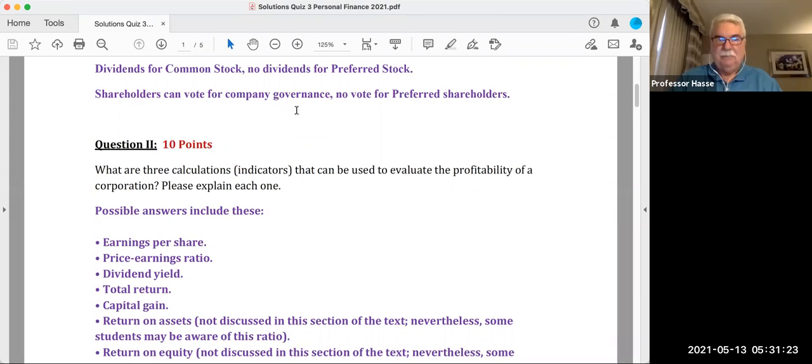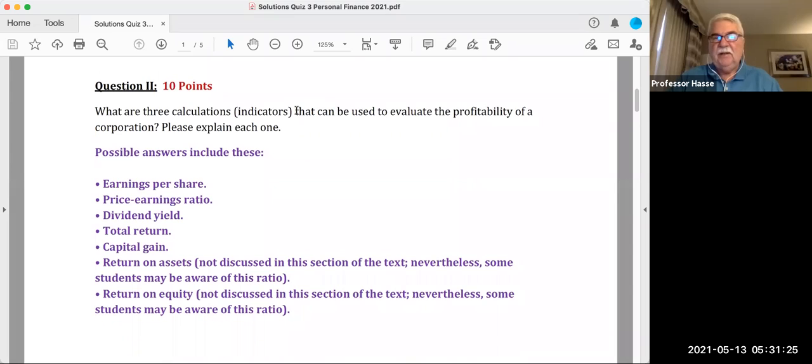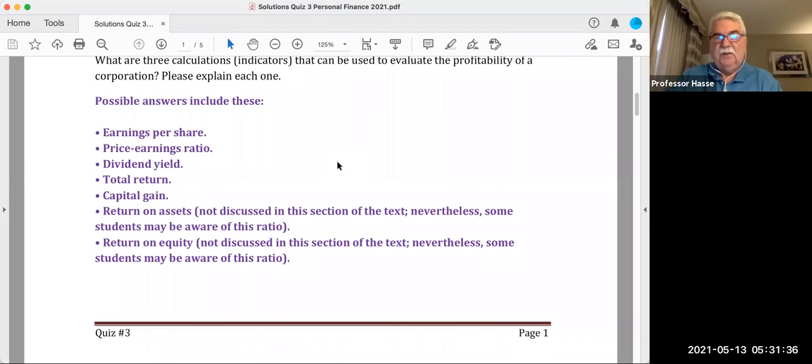What are 3 calculations or indicators that evaluate the profitability of a corporation? Those answers are a variety of different ones, but they all highlight financial statement analysis: earnings per share, price earnings ratio, dividend yield, total return, capital gain, return on assets, return on equity.